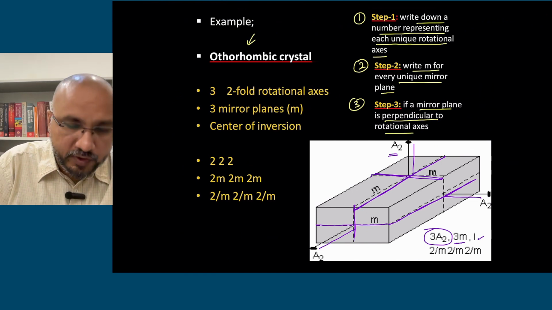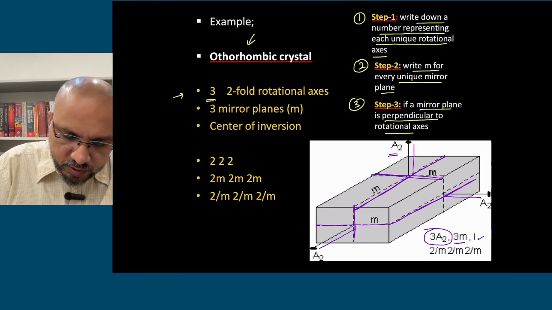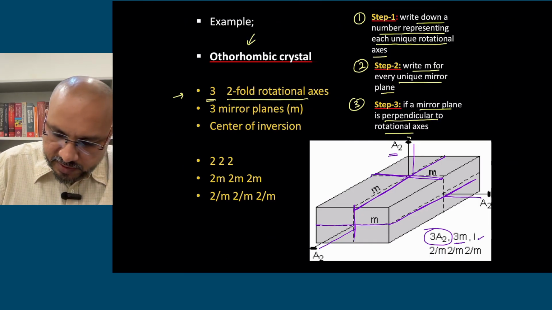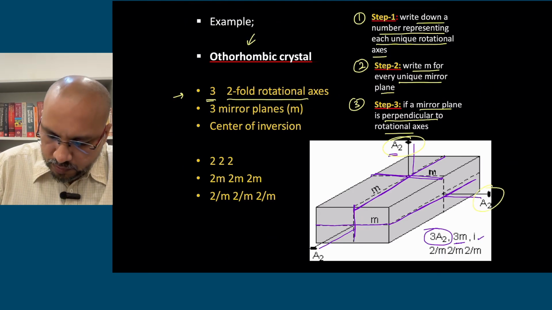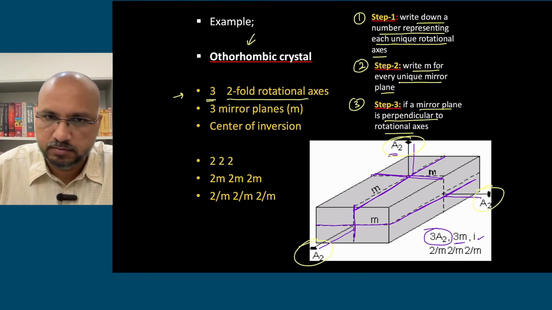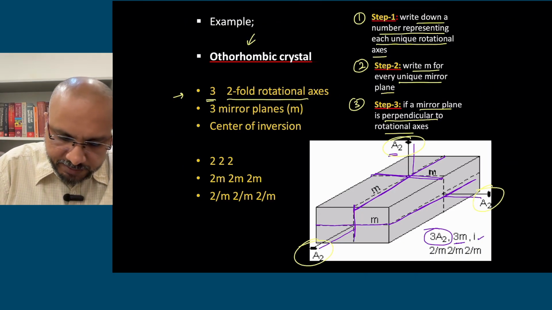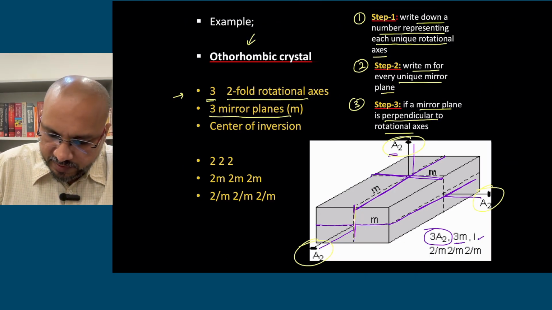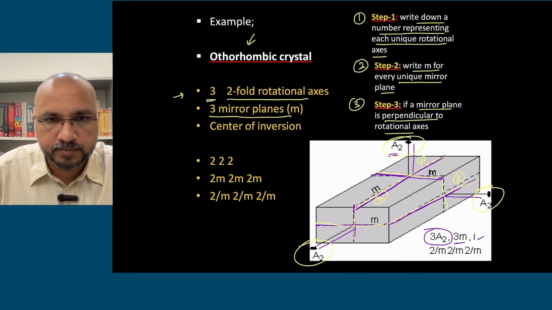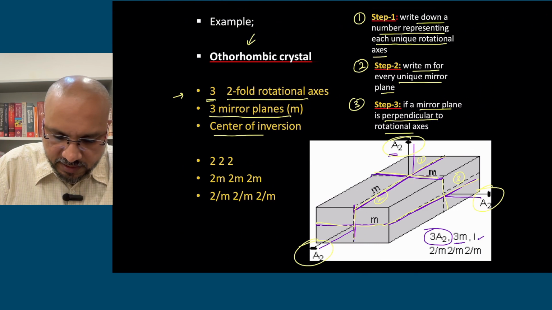Okay, so overall how many symmetry elements are there? So you have 3 two-fold rotational axes, 1, 2 and 3. 3 mirror planes are there, 1, 2 and 3. Right. There is one center of inversion.